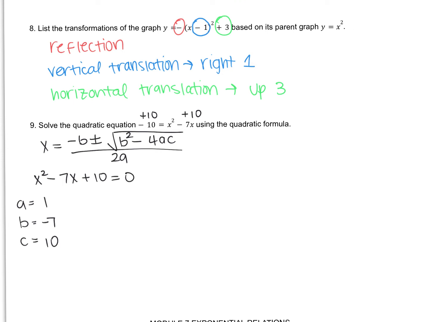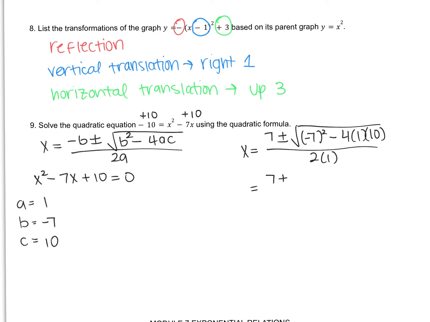When I plug it into the formula, we're going to get x equals negative b. Because b is already negative 7, it's going to become positive 7, plus or minus the square root of negative 7 squared minus 4 times 1 times 10, all over 2a. Whoops, so 2 times 1. The rest of the formula is just simplifying that initial step.